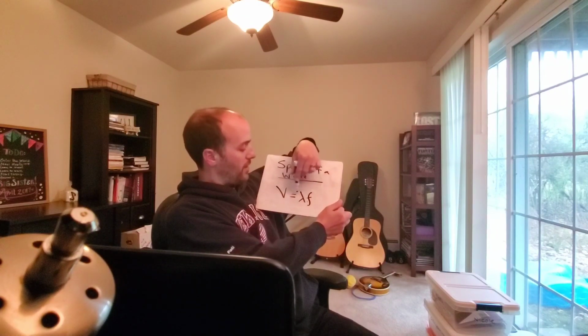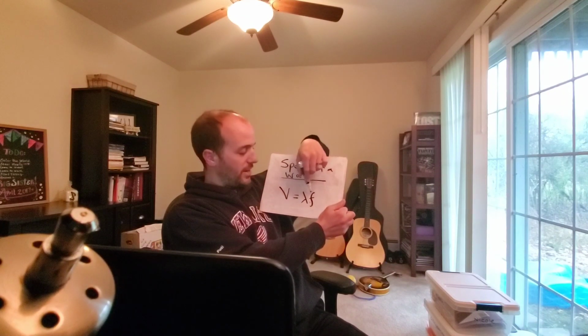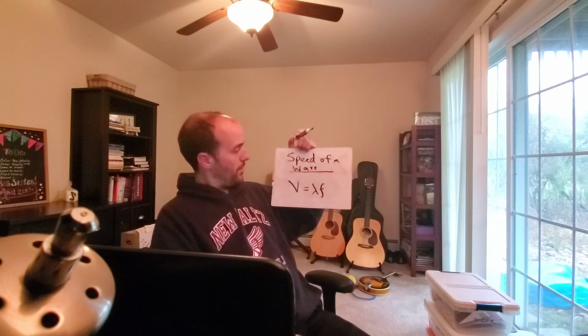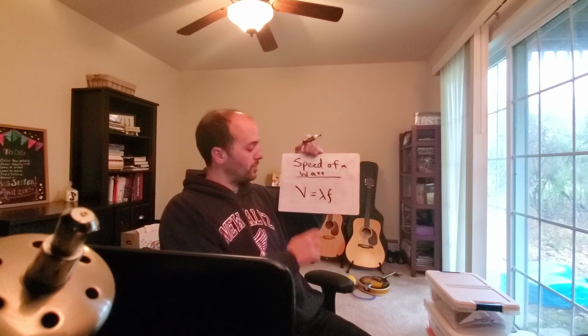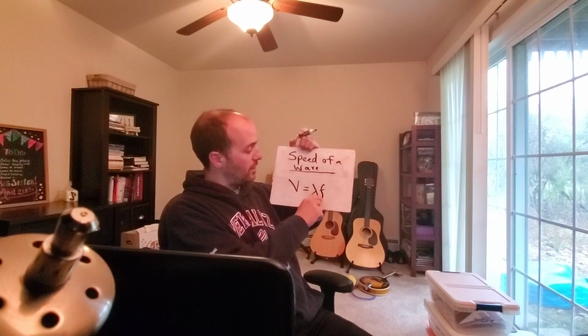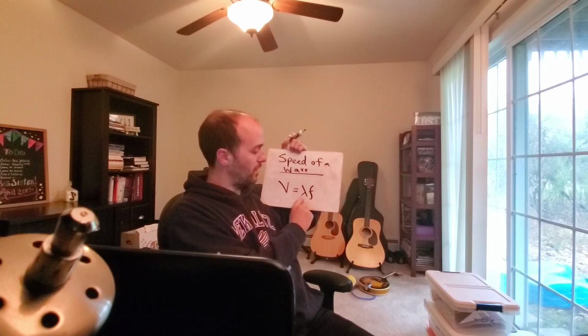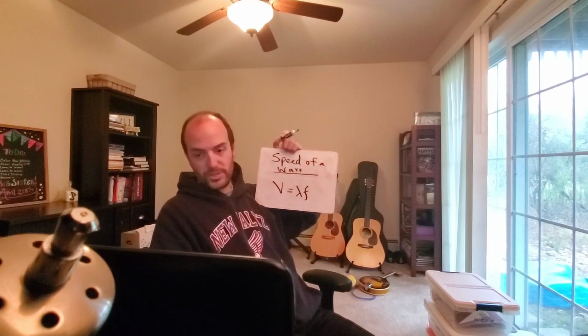So the speed of a wave equals lambda, your wavelength, times the frequency. Okay. Units are still meters per second because we have meters for wavelength. We have hertz, which is 1/second for frequency. So meters times 1/second is a meter per second. Okay, and those are the biggies. Those are the big characteristics of waves that we're going to get to in this class.